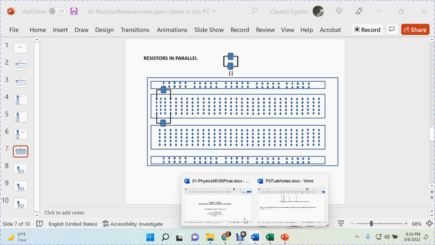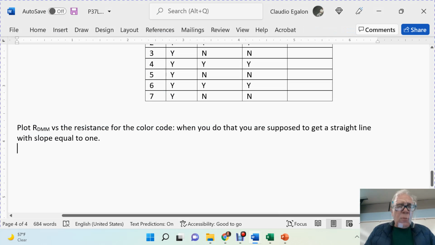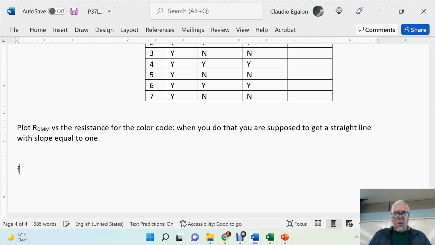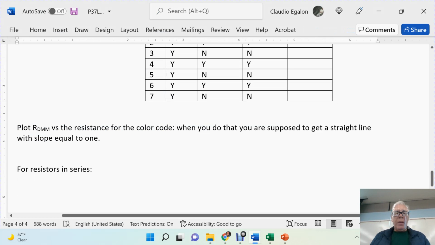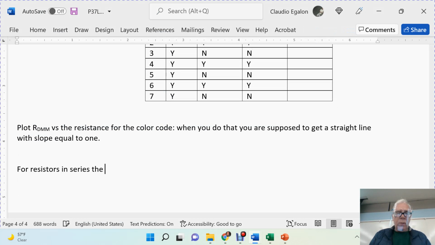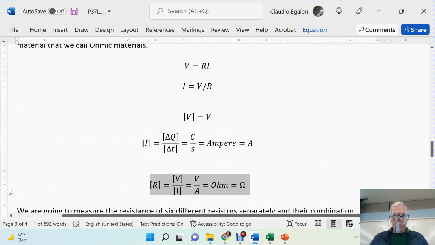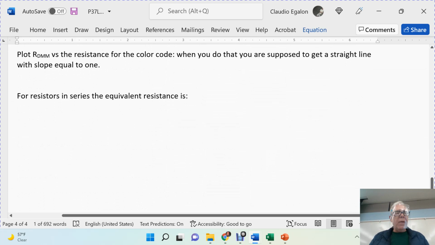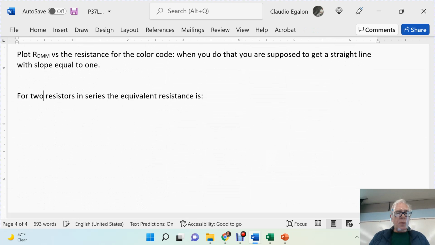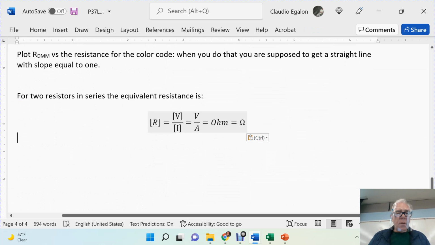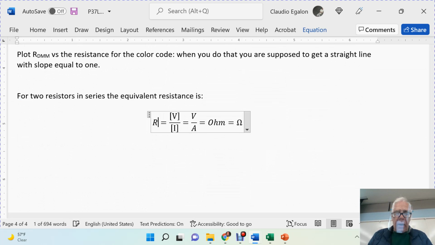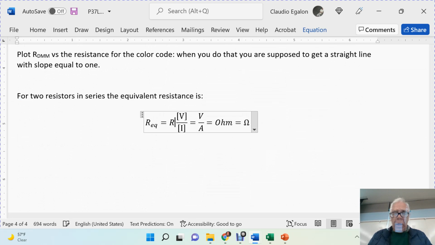Behind those resistors in series and parallel, we can prove that in the classroom. I'm going to prove that for you in the classroom, okay? For resistors in series, the equivalent resistance, for two resistors in series, R equivalent is equal to R1 plus R2.